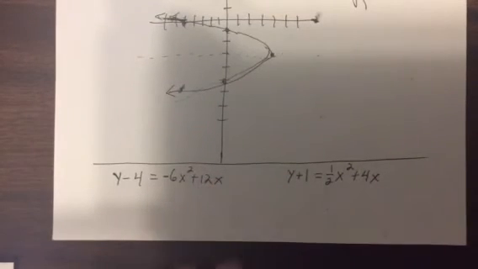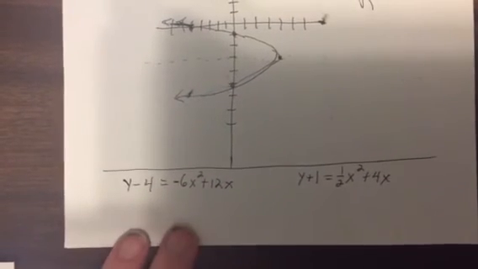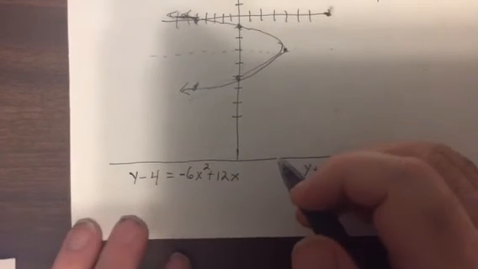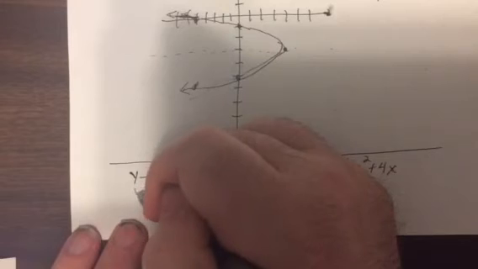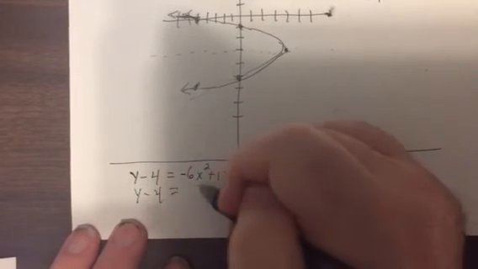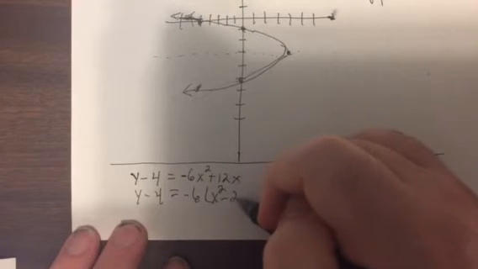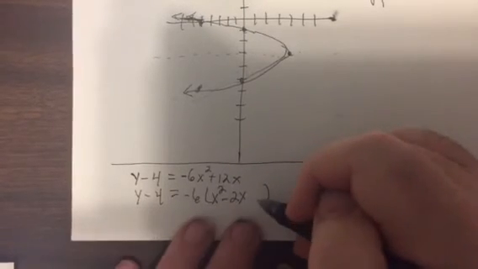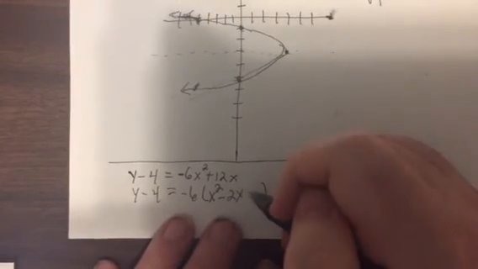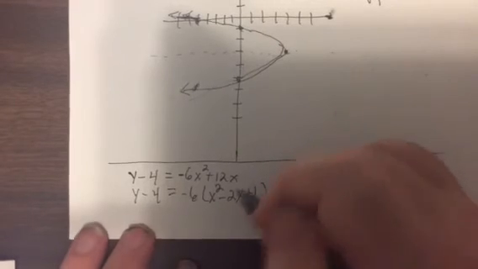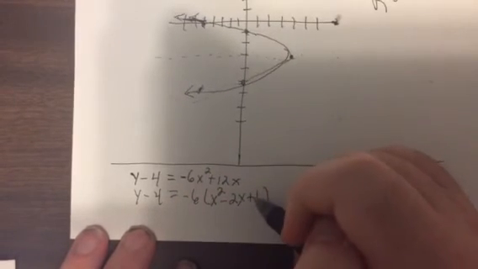Now, 2 more problems. Let's put it in proper form and see if we can find the vertex. You got to factor out the negative 6. So we got to complete the square. Half of 2 is 1. 1 squared is 1. But I didn't add 1.